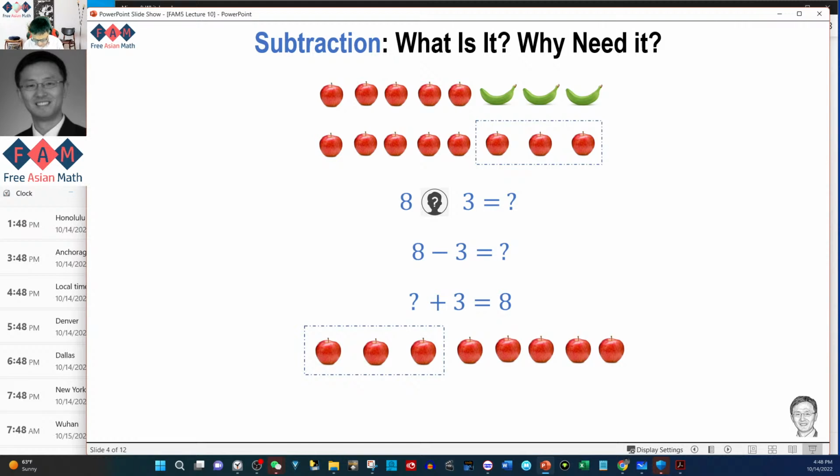So if we remove the 3 apples from the beginning of the row, how shall we modify the last expression? It must look something different. It must be something like this, right? Because now the 3 apples we remove at the beginning of the row, the question mark becomes what we want added to 3.